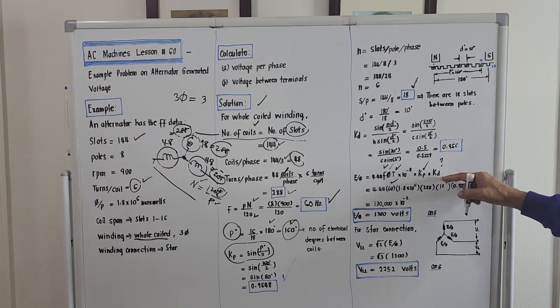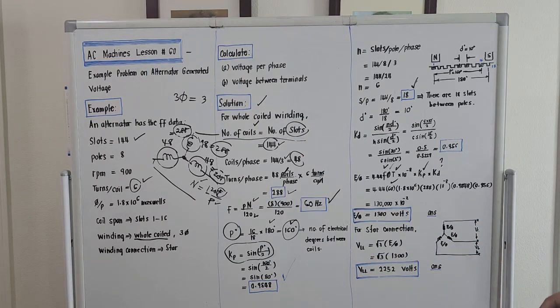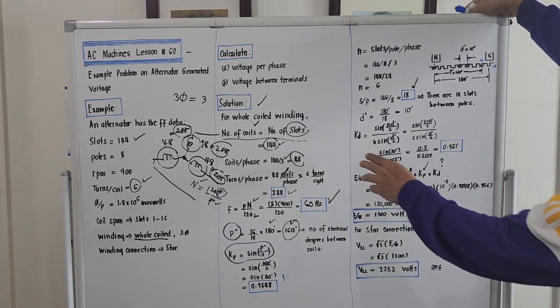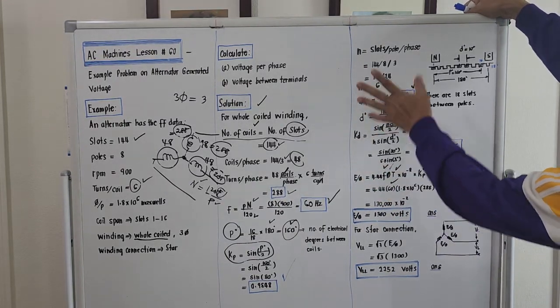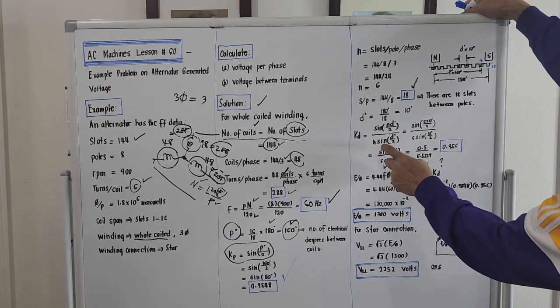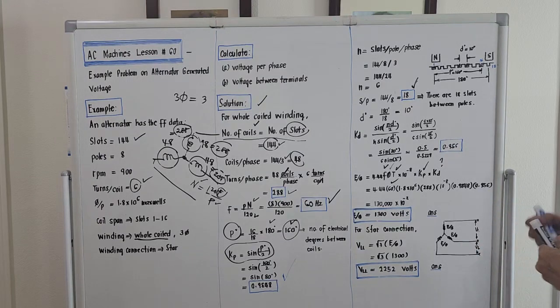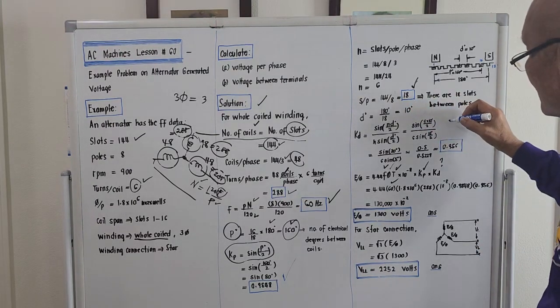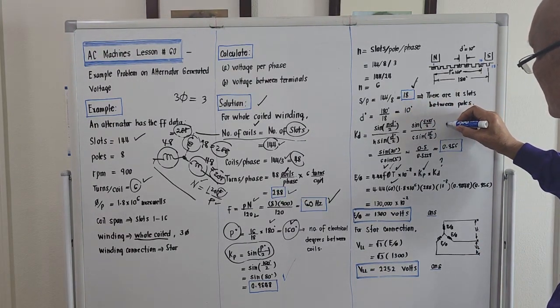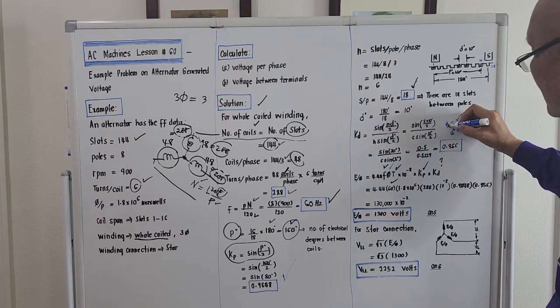And the computation of the distribution factor is a little bit complicated. It's a trigonometric function. Distribution factor is actually the sine of the quantity n times d degree over 2, close quantity, over n times the sine of the quantity d degree over 2. So in the computation of the distribution factor, we must compute the value of n and d degree. And what is n?